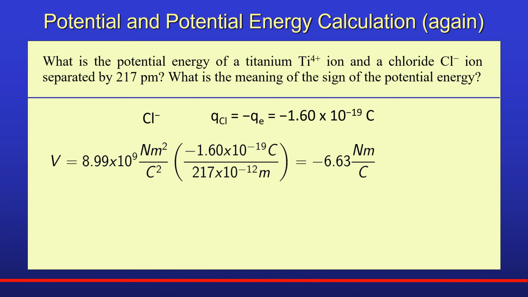Since this is potential, we know it's minus 6.63 volts. Not only is the potential negative compared to what we calculated for the titanium, it's a smaller number. Minus 6.63 instead of the 26.5 for the titanium.